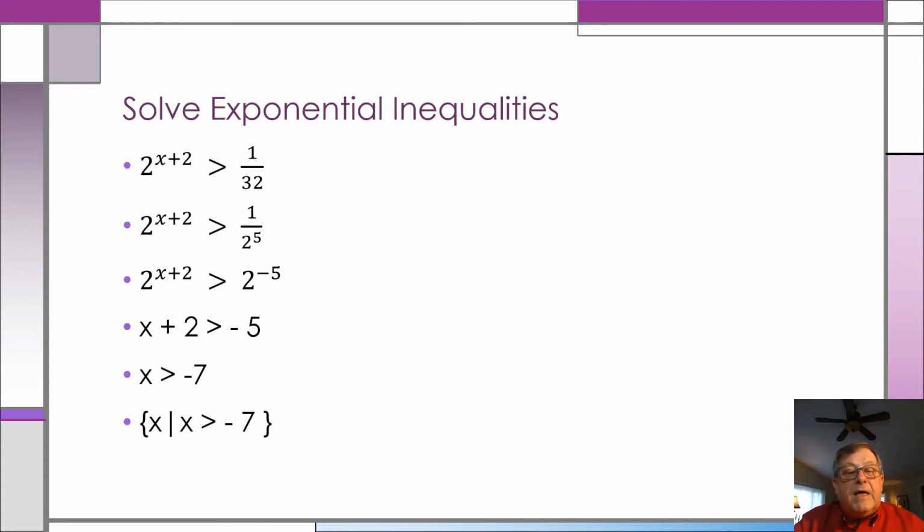In other words, as long as x is greater than or equal to negative 7, 2 raised to the power of x plus 2 is going to be greater than or equal to 1 over 32.